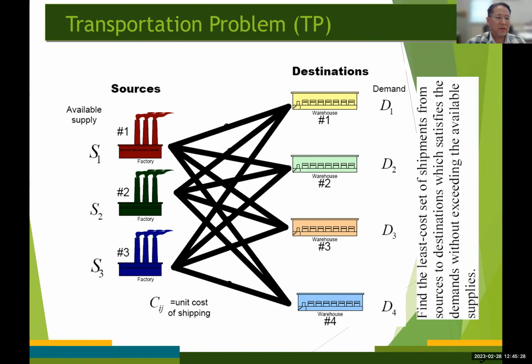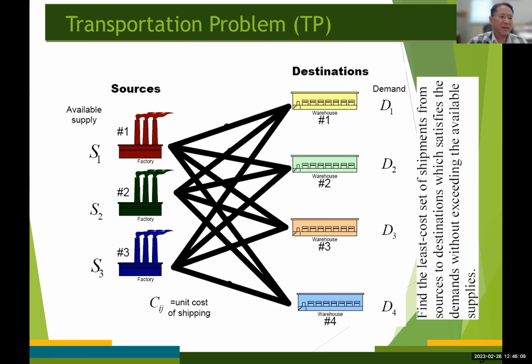The goal of the transportation problem is to find the least cost way of transporting the goods from the sources to destinations, of course, while at the same time satisfying the customers' demand at the destinations without exceeding the available supply amount at the sources. Problems with this structure arise in many different real-world applications.